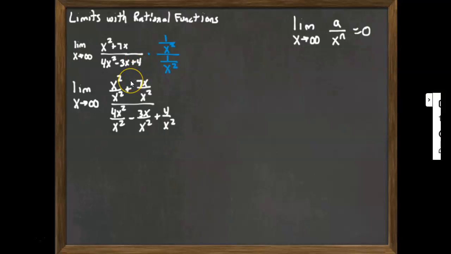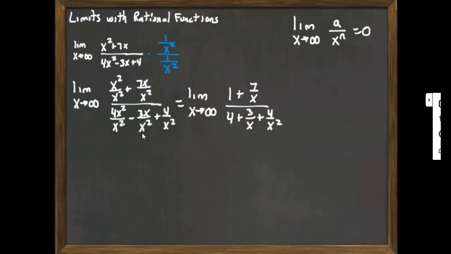So x squared over x squared will just be 1. 7x over x squared simplifies to 7 over x. And then we move down to the bottom. 4x squared over x squared will be 4. 3x over x squared simplifies to 3 over x. And then plus 4 over x squared.